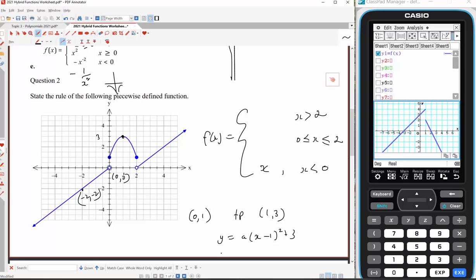I hope I put one in. 1 equals negative a, so that's going to be (-1) squared is 1, so it's going to be positive a plus 3. a is going to equal negative 2. So there, with negative 2 going in there, that's our equation: y equals -2(x - 1) all squared plus 3.